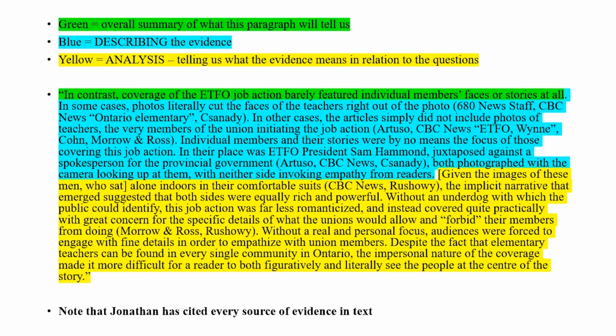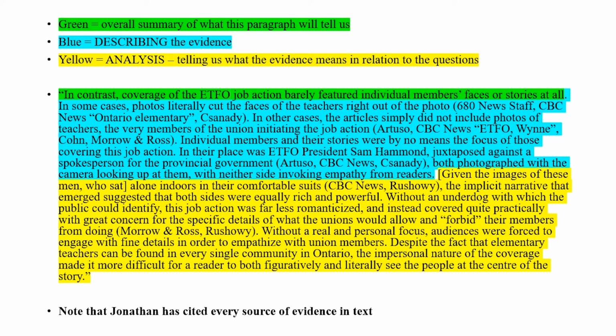The second part of the paragraph in yellow moves to analysis. That is, telling us what the evidence he's just described means. And so we read, given the images of these men who sat alone indoors in their comfortable suits, the implicit narrative that emerged suggested that both sides were equally rich and powerful.